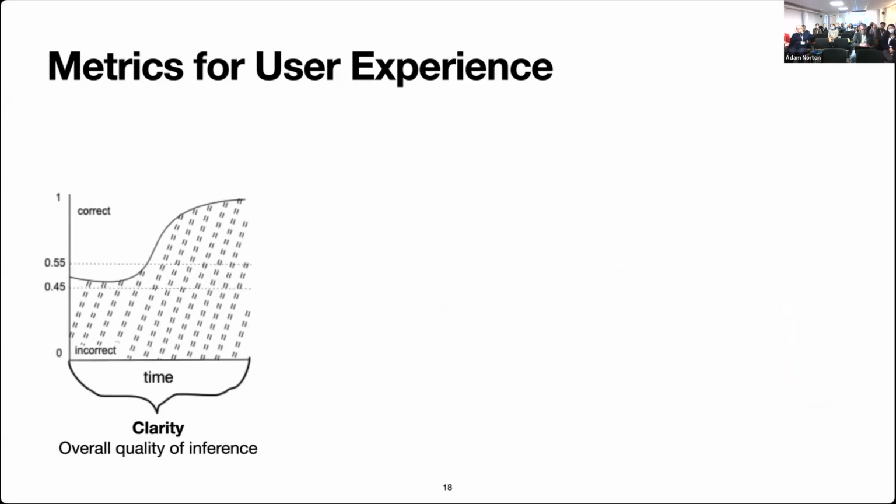We have to introduce some new metrics that take advantage of this continual measure of certainty. So here is one metric called clarity, which is essentially the area under the curve. So overall, how well were people able to infer the robot's movement.